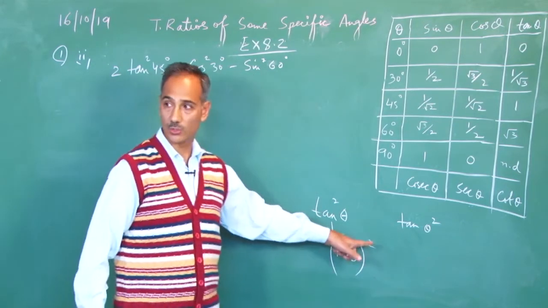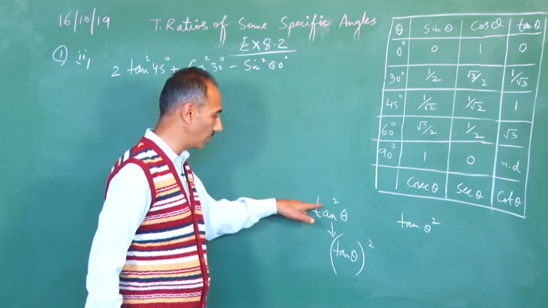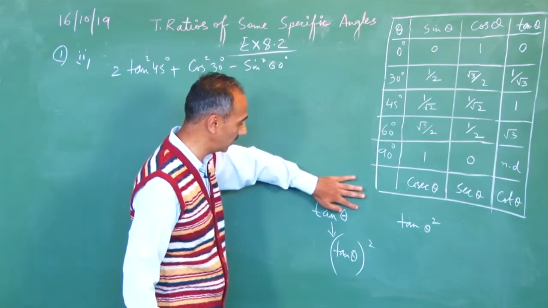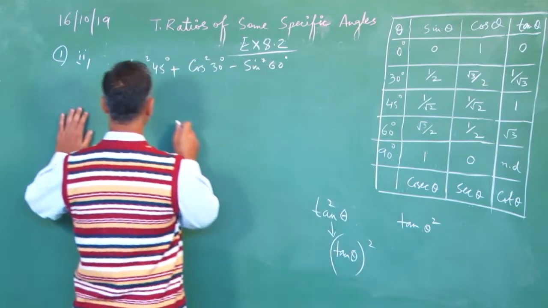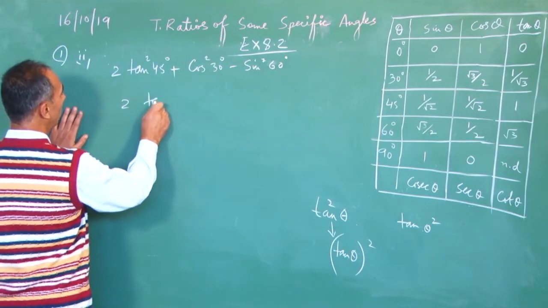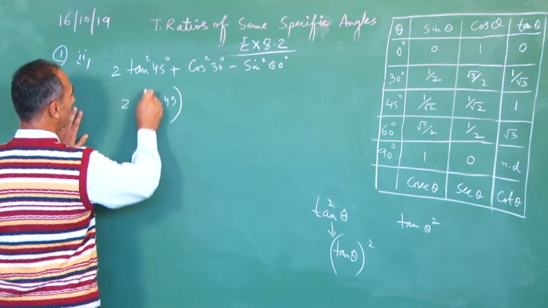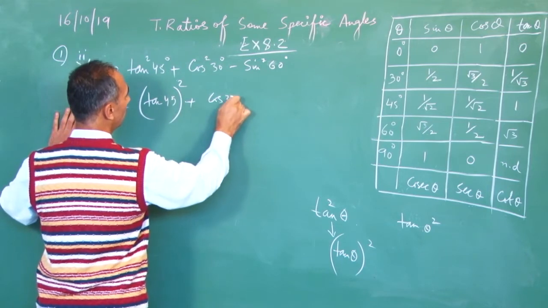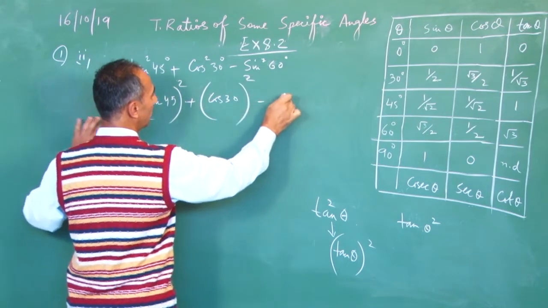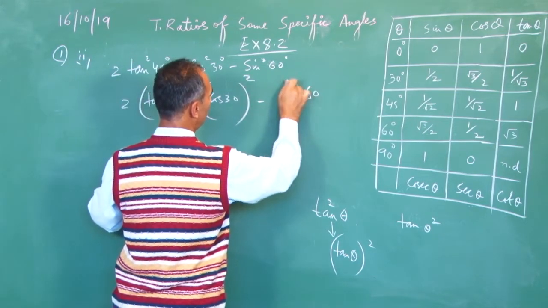So tan theta whole square, in short, is written as tan square theta. Don't put this square on theta, that is something different. So this will be 2 tan 45 and square of that, not the square of 2. Cos 30 and square that, minus sin 60, square of that.